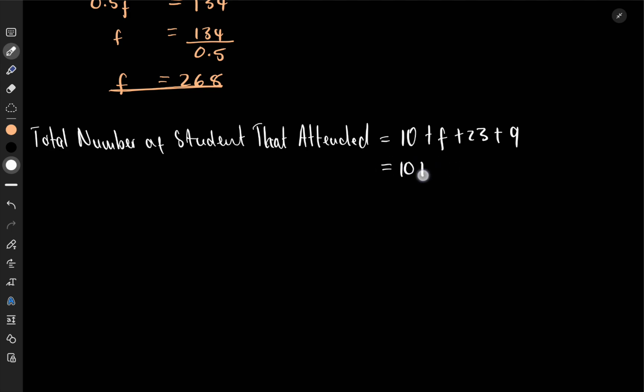Wow, a lot of kids donated in this section. 268 plus 10 plus 23 plus 9, you get 310. So yeah, 310 people attended this. And this is your final solution, and you're done.